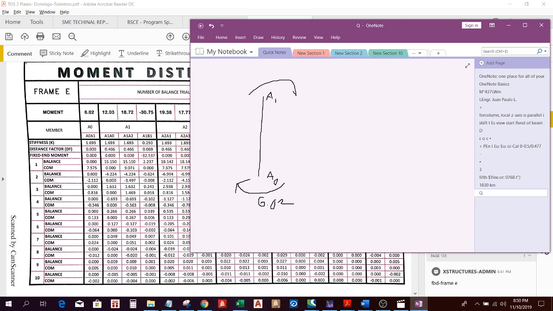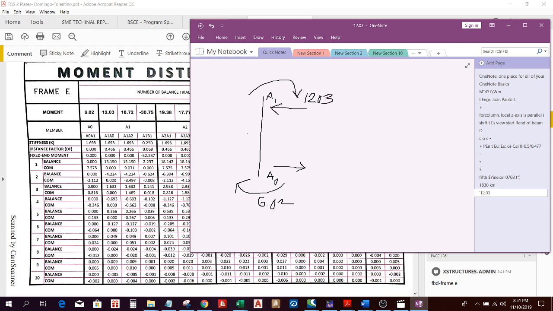That is positive. Okay, so I have now an incomplete FBD of a column. When you have this moment going clockwise, to make this stable or in equilibrium, you need to have a corresponding couple of forces to resist that clockwise rotation.